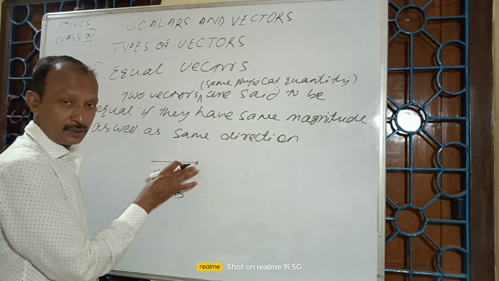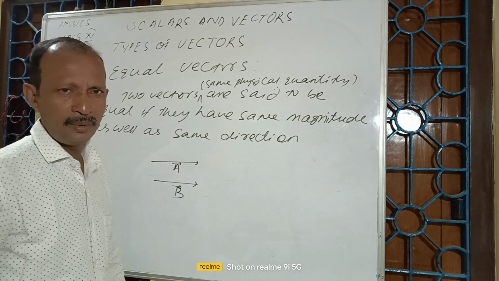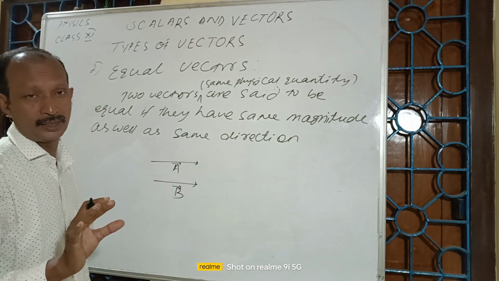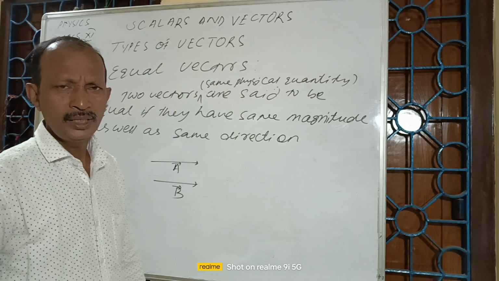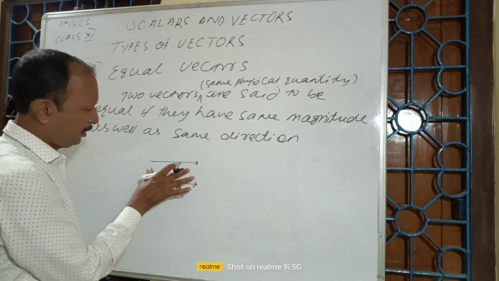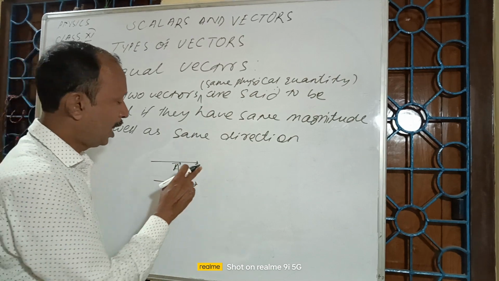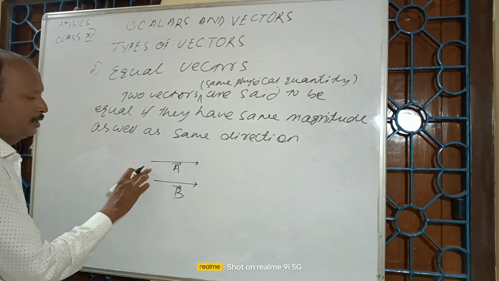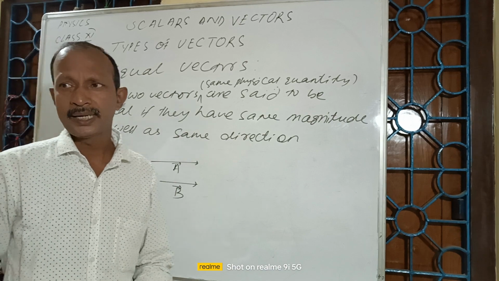Length represents magnitude means, for example, 3 centimeter or 100 kilometer. It does not mean that I shall draw 100 kilometer. Not like that. I may take 1 centimeter as 100 kilometer, or 1 centimeter as 10 meters. So the length of the vector represents the magnitude, whereas the arrow represents its direction. So two vectors are equal if they have same magnitude as well as same direction.